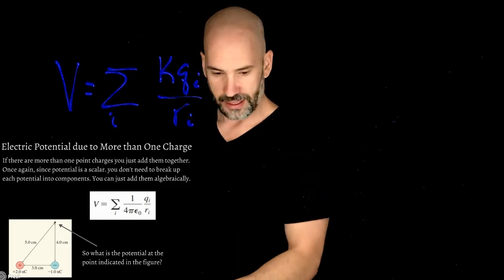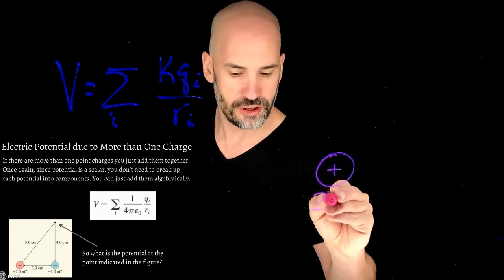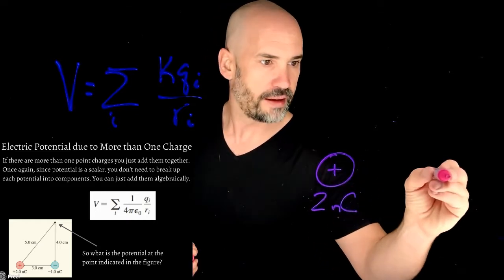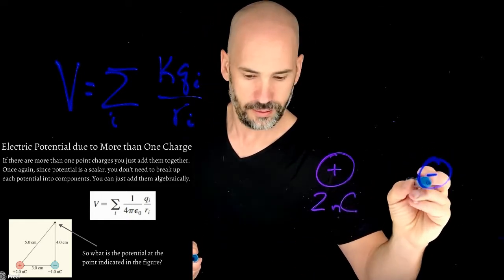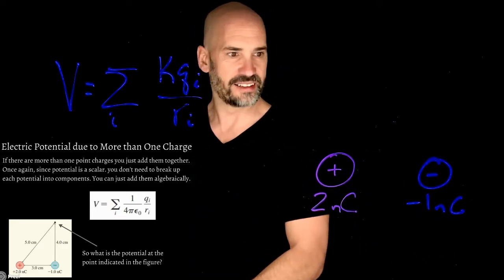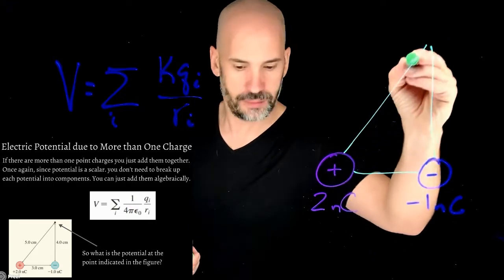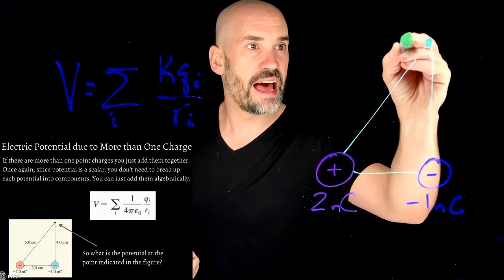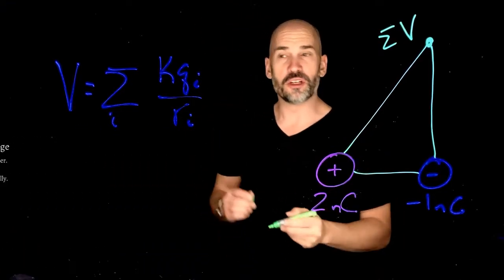We have a 2 nanocoulomb charge, right? And we have a negative 1 nanocoulomb charge. And then there's kind of like this little triangle here. Boom, boom. And we want to find out what is the net, right? The sum of the voltages right there. All you do is you add them.